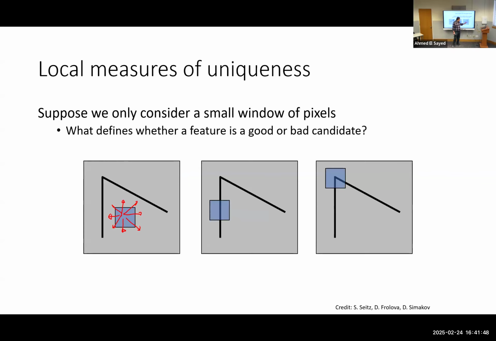So here, if I stay at this point and then shift this window in any of those directions, will I see anything new? The answer is no. I will see the exact same view: gray color, move in this direction, gray, gray, gray, everywhere. So, nothing new. That's why we call this area a flat area. It doesn't have anything of interest for me.